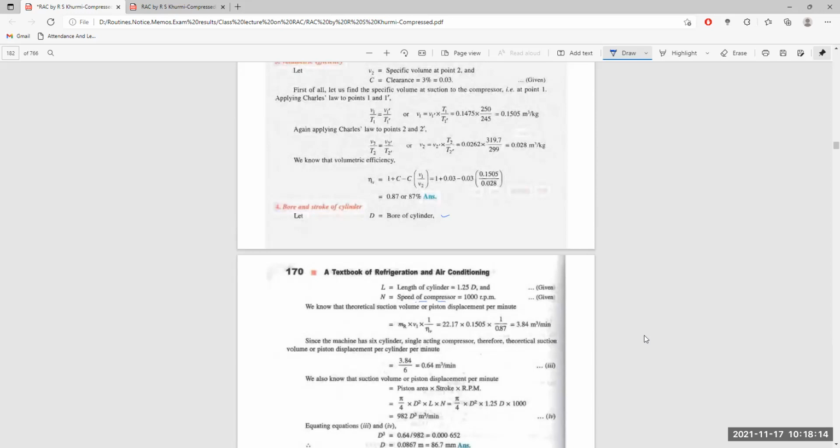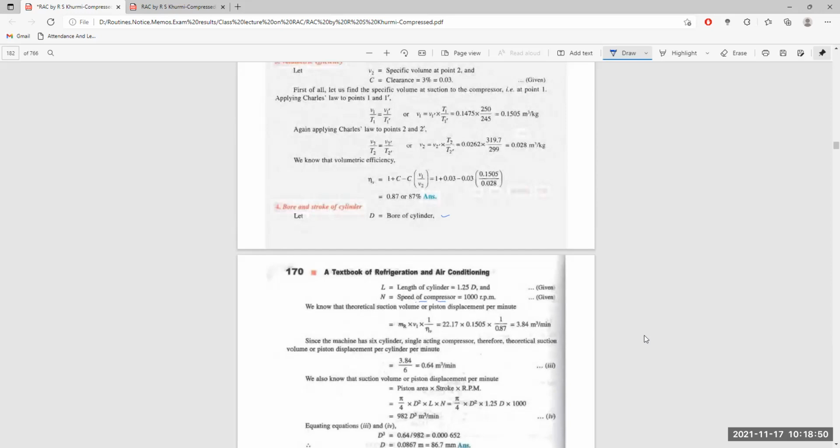Now the theoretical suction volume of piston displacement per minute is m multiplied by V1 multiplied by 1 by the volumetric efficiency. That is the mass flow of the refrigerant multiplied by the specific volume per kg, divided by the efficiency of the compressor.